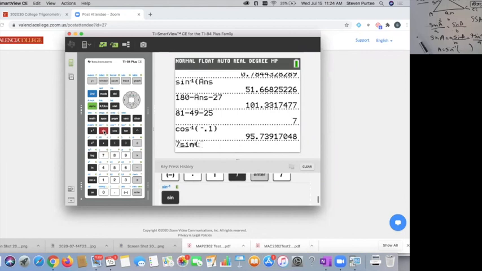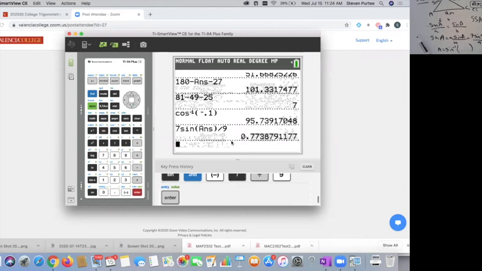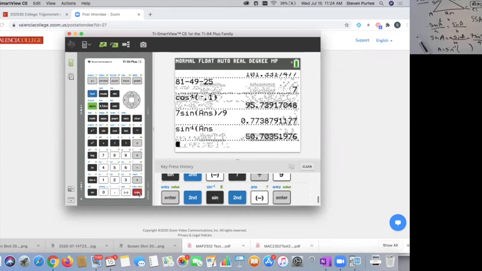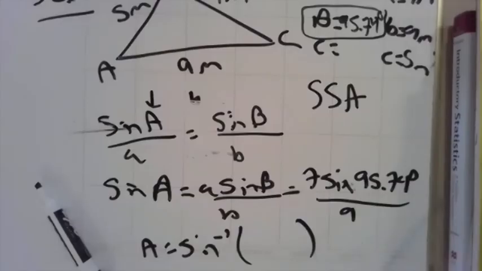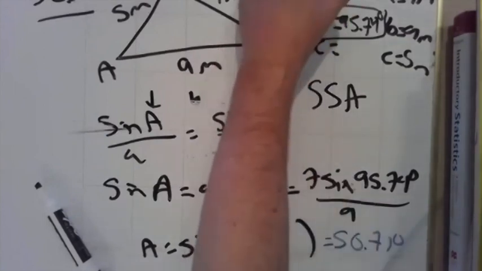I could type that out, or I could just say second answer. And then that was divided by 9. I don't know why my screen's all ugly like that. My computer's being weird. And then I want to do inverse sine of that answer. Enter. 50.71 degrees, that's angle A.